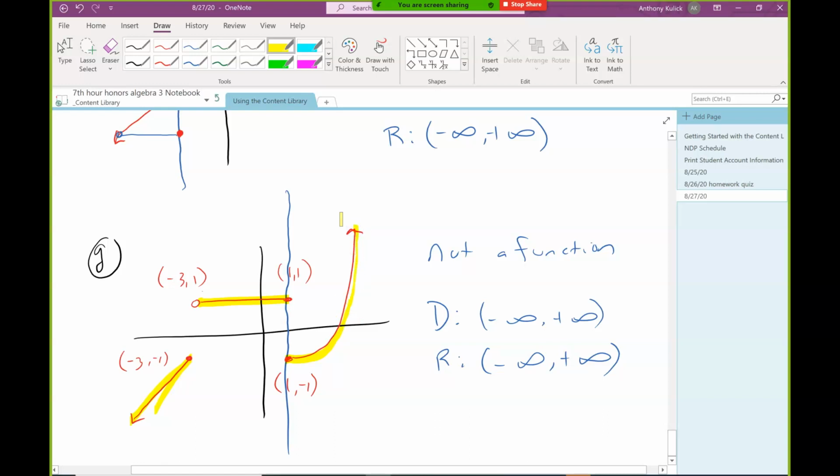I didn't skip anything. So the domain is negative infinity, positive infinity, right? If I do the range, I have negative infinity up to negative 1. And really, I don't even care about this piece in the middle, because this section has everything from negative 1 to positive infinity. So I have everything in for the range as well.